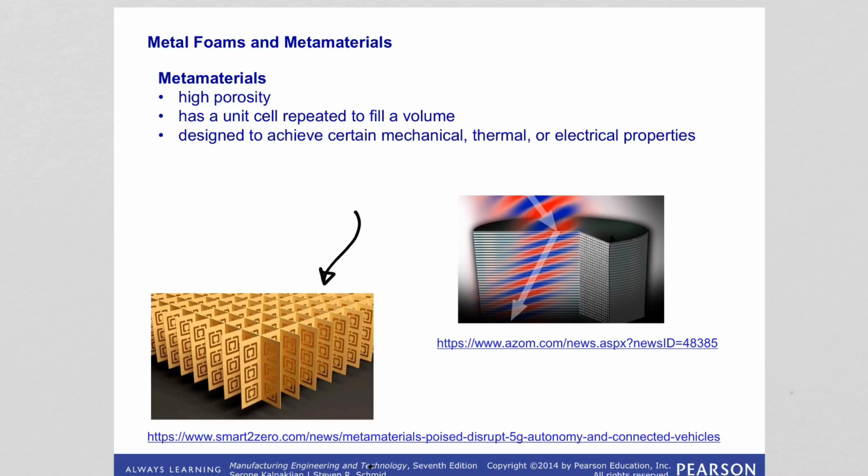So they can be arranged in a way to scatter the light differently, to have negative refractive indices. So this can create invisibility, for example. Because of the way you arrange the structure, you can play with the properties of the materials differently.